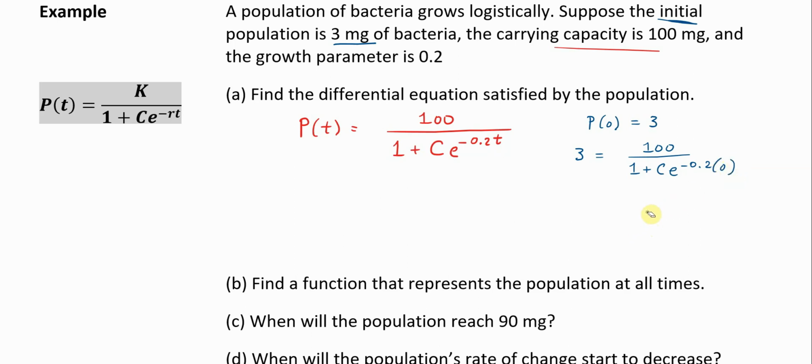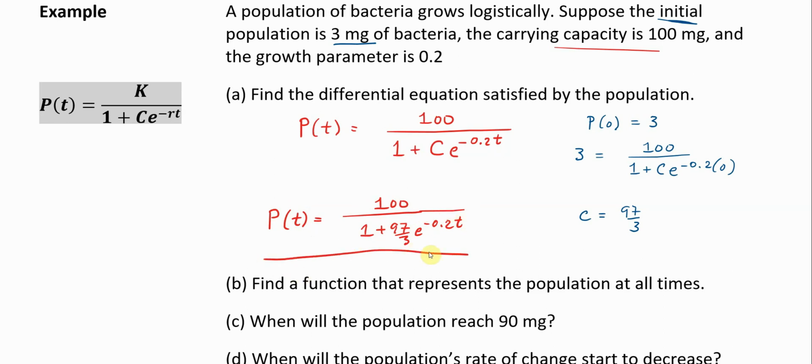I will let you sort through the details yourself, but once we finish, we get that c is equal to 97 over 3. So now our final equation takes on this form: P of t is equal to 100 over 1 plus 97 over 3 e to the negative 0.2 t.